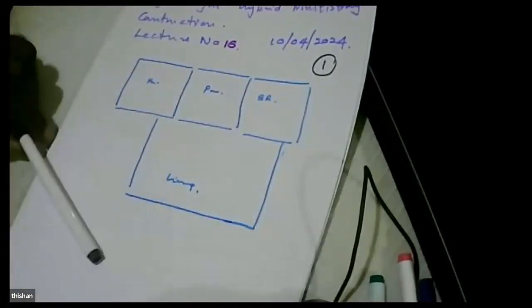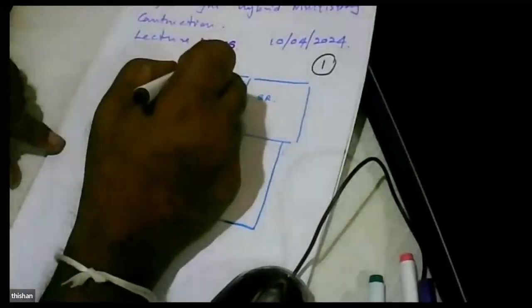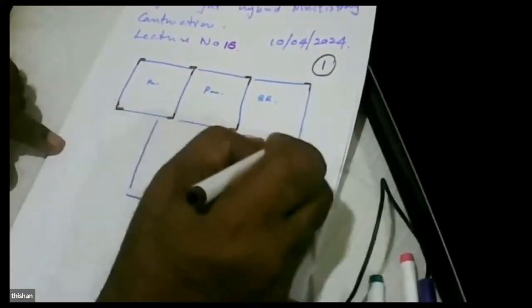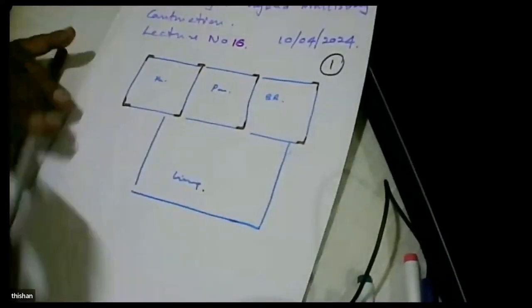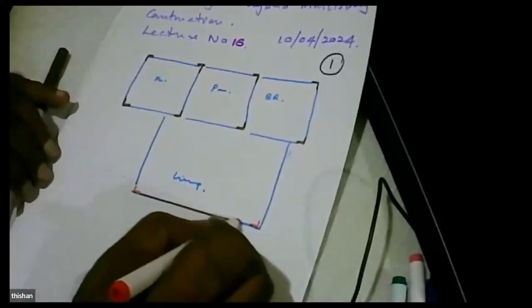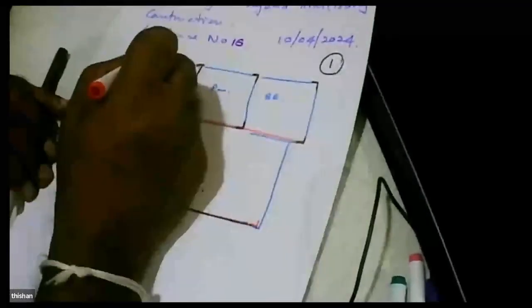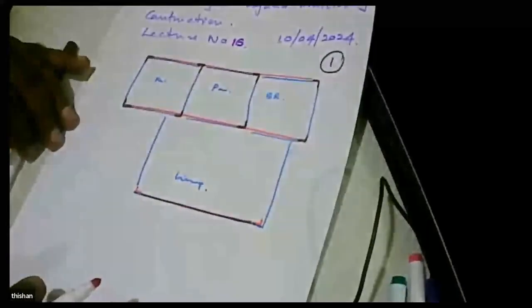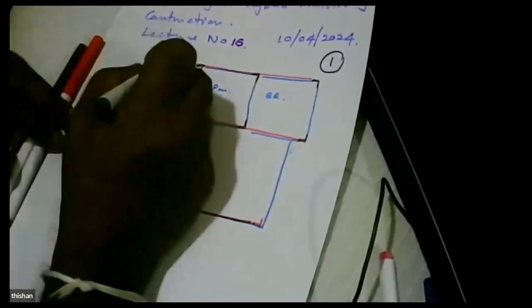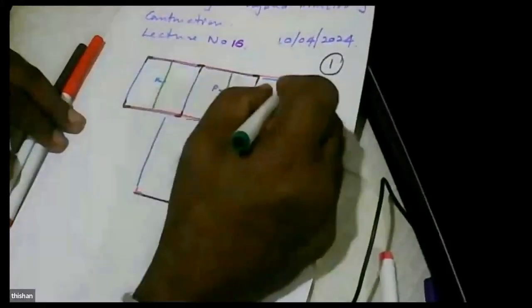What I proposed was that since we can have L-shaped columns at these places, to run the concrete beams in this direction, so that we'll be able to run the supporting beams in this direction.